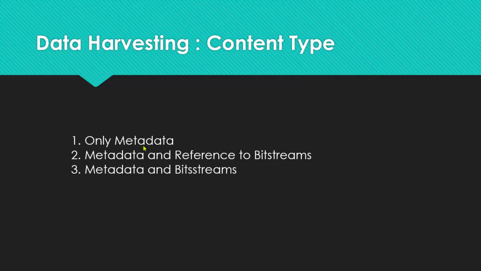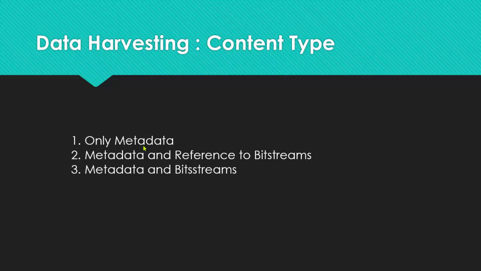There are three types of content we are going to harvest. First, only metadata. Here we can only harvest the bibliographic description of that content, that is the metadata. Second, metadata and reference to bitstreams. Here we are harvesting the metadata and references to the bitstreams, meaning links. It's actually not downloaded into our repository.